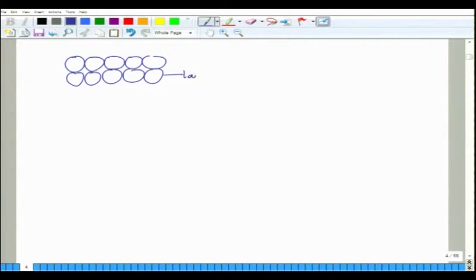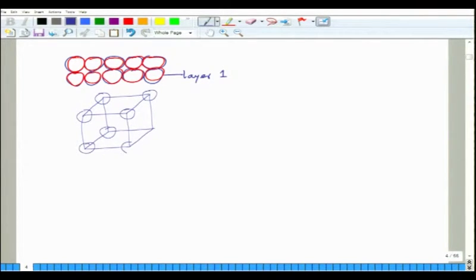This is layer 1. Second layer goes directly on top of it. So if you look at this structure, it will look like this. So this is one atom, this is another atom. They are kept apart for the sake of illustration, but they do touch each other.